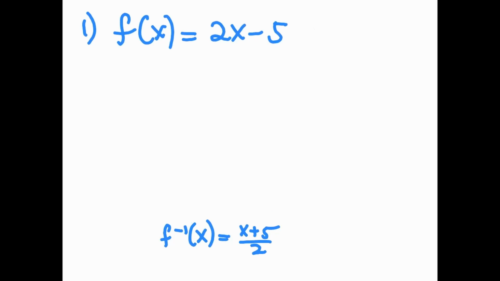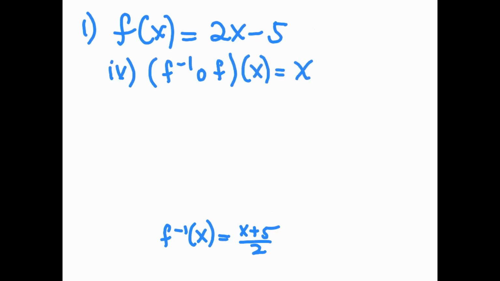Step number 4 will then serve as a checking. That is, we need to verify these two compositions of functions. We need to show that f inverse of f of x should be equal to x.